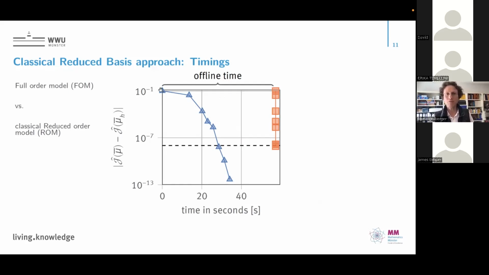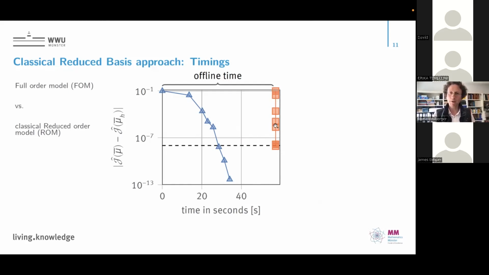If you instead go from the finite element, the full order model, to a reduced order model, then you prepare offline. Now you can solve your online optimization problem very efficiently and cheaply. From one step to the next, it takes milliseconds. So you can't even see the computational time in the online phase.